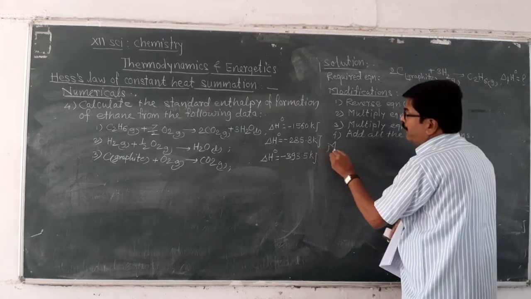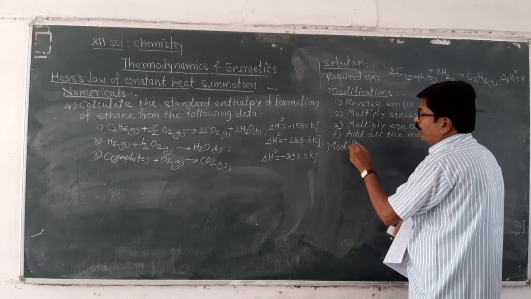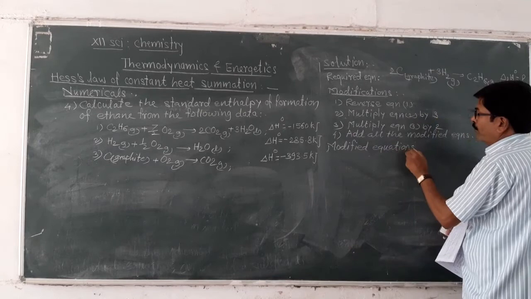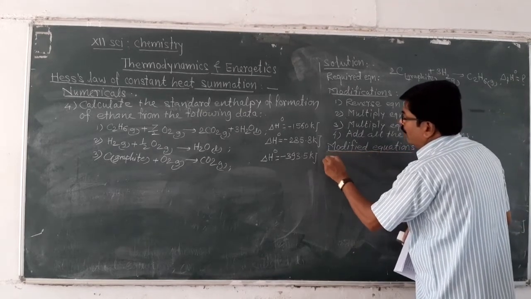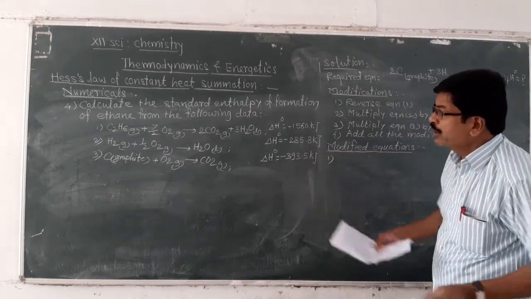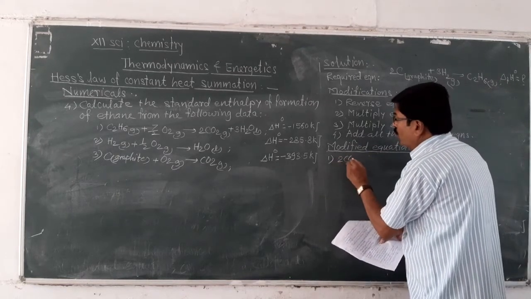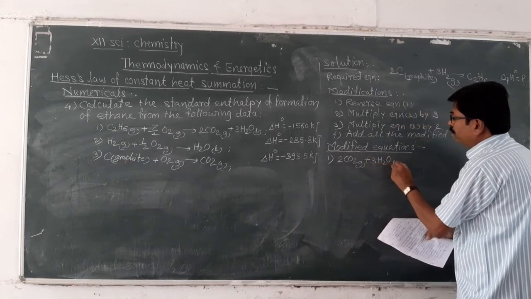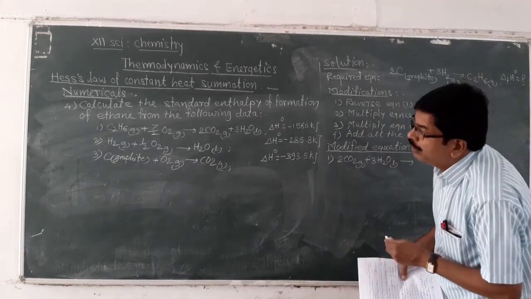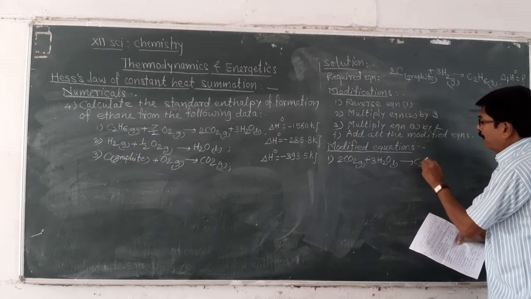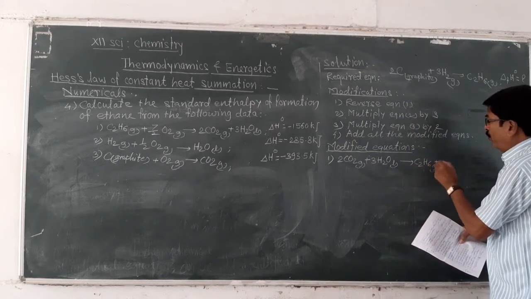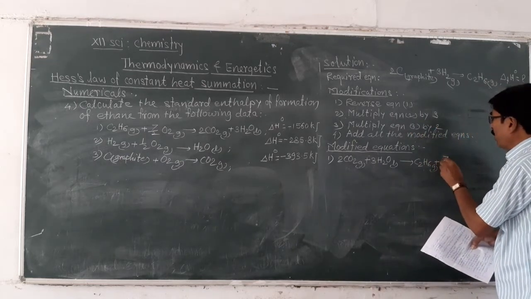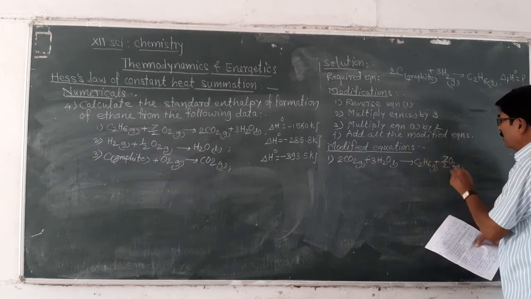Now, the modified equations. First, we have to reverse equation 1: 2 CO2 gas plus 3 H2O liquid gives C2H6 gas plus 7/2 O2 gas.